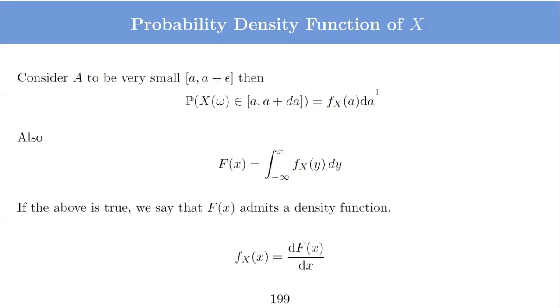I want to know the probability of that. So in shorthand, it is known as the probability that X takes a value between a and a plus epsilon. That will be just equal to f_X(a) into da, or if it is epsilon, then it will be f_X(a) into epsilon. We don't have to do integration here because it's a small set, and we can assume f_X(a) is constant in that. But if you take a bigger set, then of course you have to do integration.